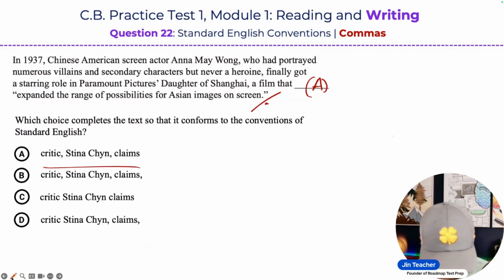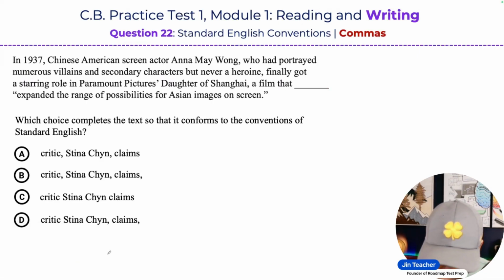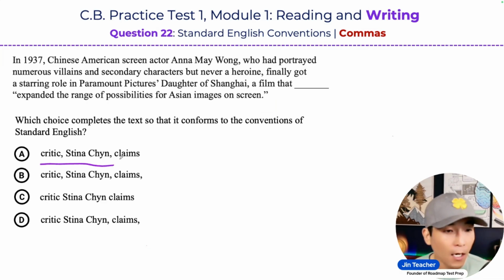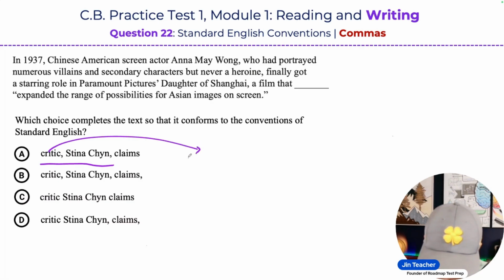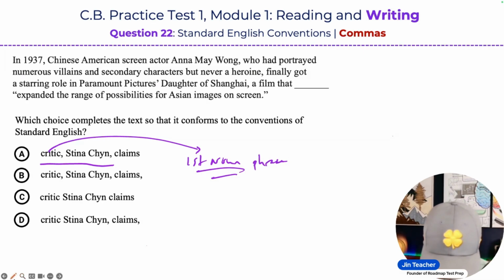Now, next thing I want you to do, if you have printed out this test, is underline the phrase critic Stina Chine. Underline that, okay? Next to critic, write down that this is your first noun phrase, critic. And then Stina Chine, maybe you can underline that with a different color.